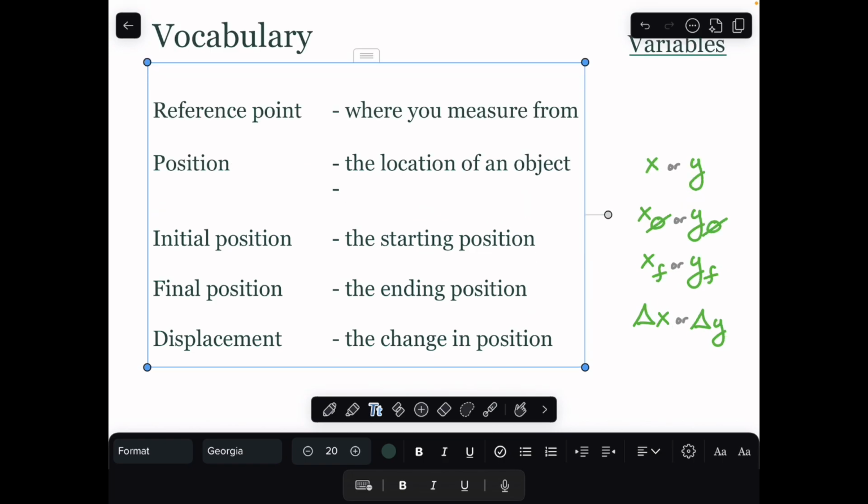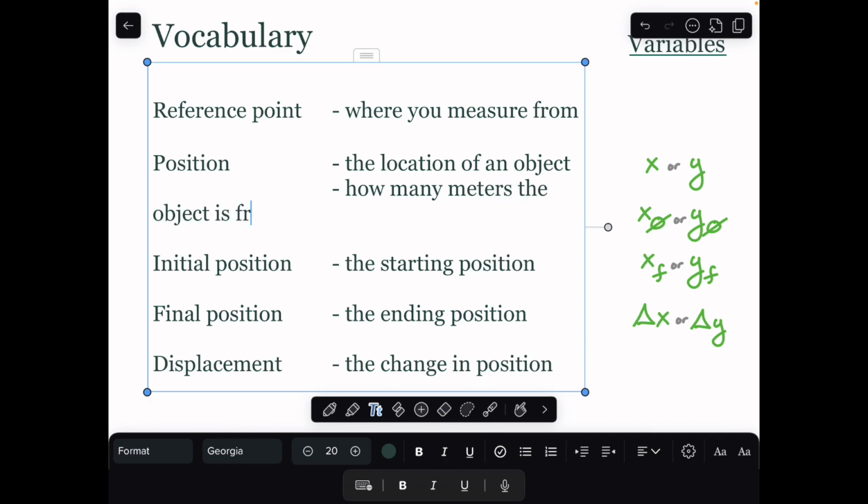I'm going to add here that position. Right, because when I told you the initial position and the final position, I said it was this number of meters away from the ocean floor. So a more precise definition for position is how many meters the object is from the reference point.